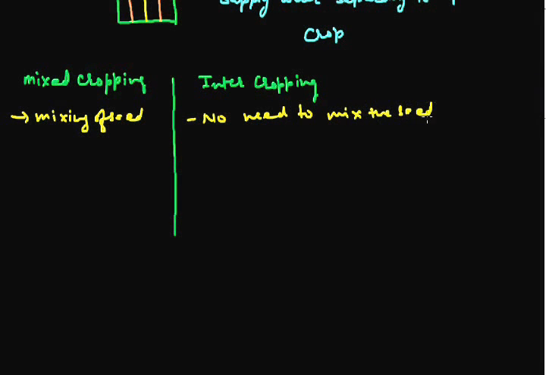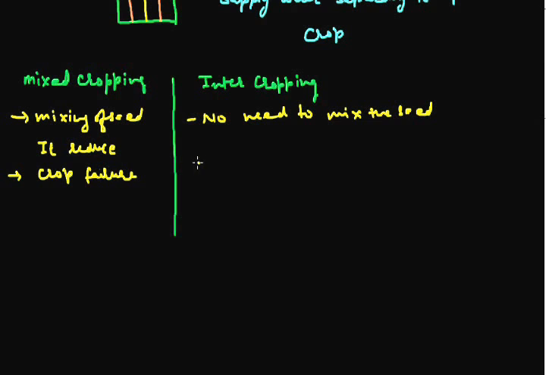Another important advantage in the case of mixed cropping is that it protects against crop failure. It reduces the crop failure.